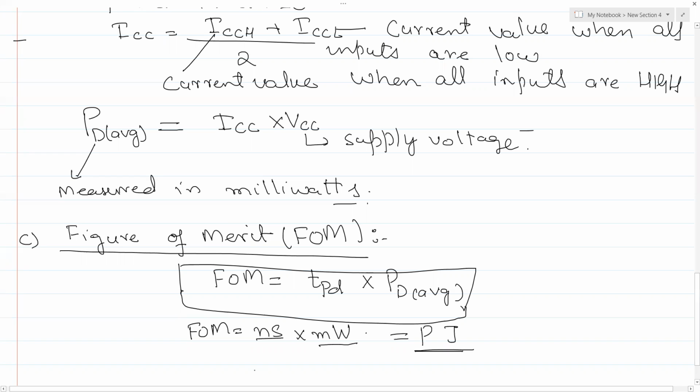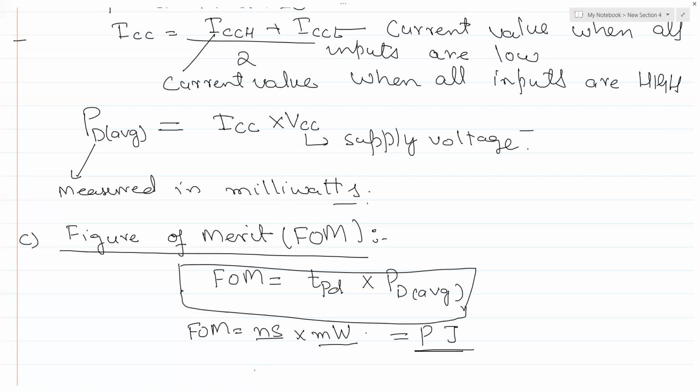There is a certain constraint which we will put on these things. Suppose TPD increases and power dissipation decreases, then FOM remains constant. It will also remain constant when TPD decreases and power dissipation increases. So in both cases, it will remain constant. For the best operation of ICs, FOM should be as small as possible.